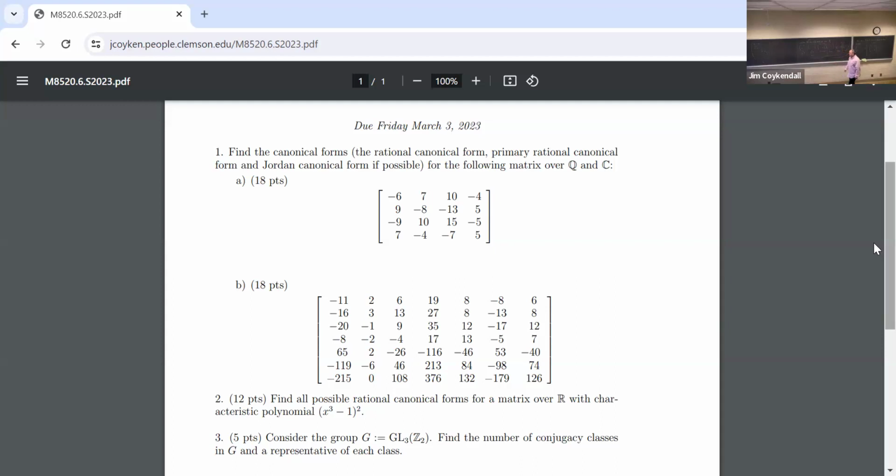Well, this is the last. Now you have invariant factor x squared plus x plus 1, and if you form the rational canonical form here, it's 0 1 and 1 1. And notice, here's our representative, but these two are in the conjugacy class as well.